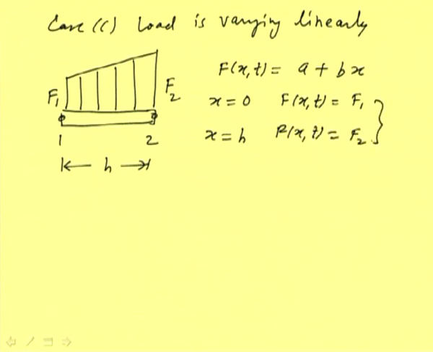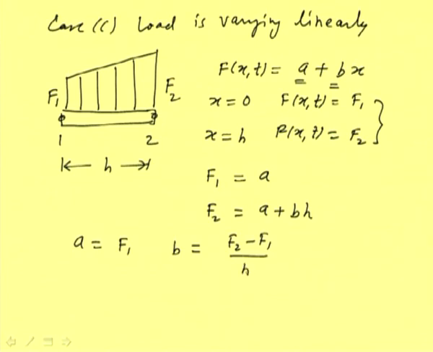These two conditions can be used to obtain a and b. Let us substitute one by one. The first condition gives F1 equal to a, and the second condition gives F2 equal to a plus b h. Solving these, we get a as F1 and b as (F2 minus F1) by h.